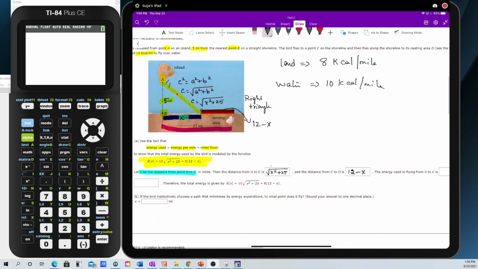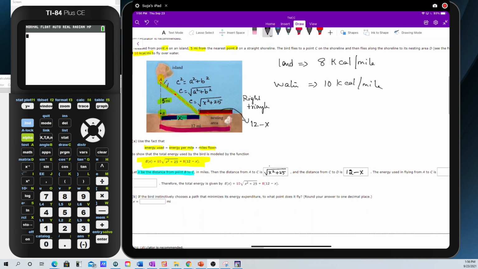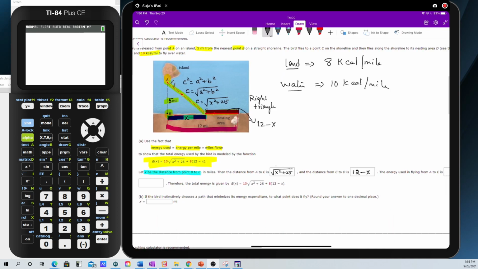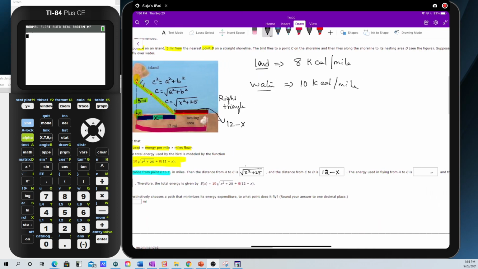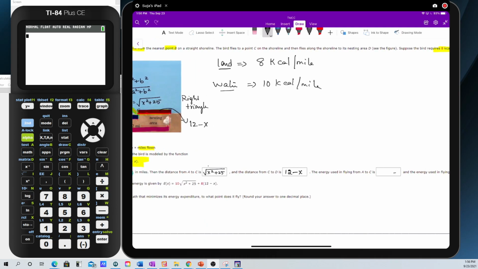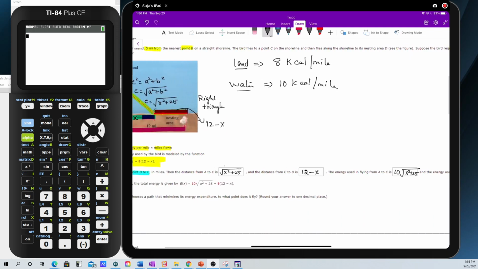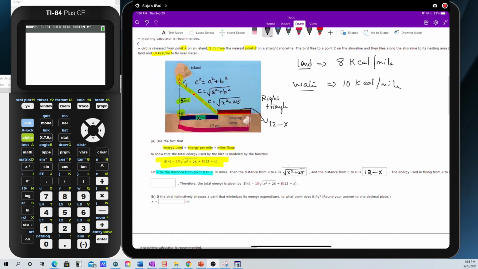The energy used in flying from A to C is, so again the formula goes energy is equal to energy per mile times miles flown. The energy per mile on land is given to me and water is given to me, right? So from A to C, it is the energy per mile on water. So therefore the energy used would be 10 times square root of x squared plus 25, and the energy used in flying from C to D would be the energy that it's flying by land, which is going to be 8 times 12 minus x.